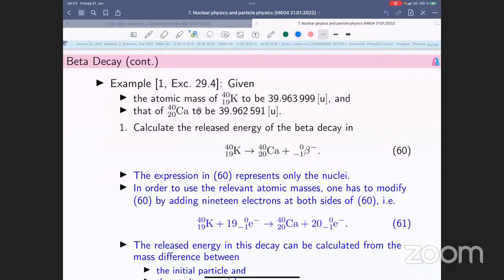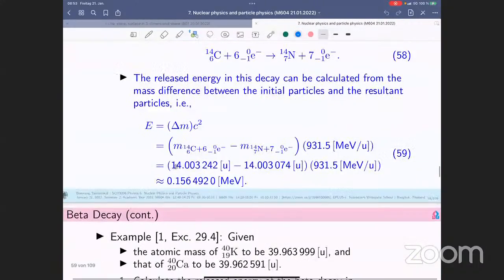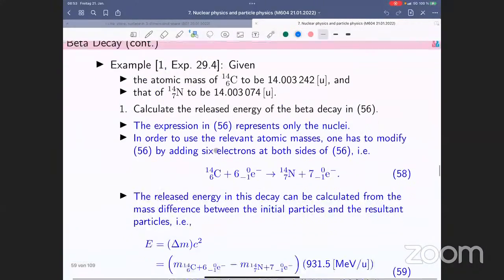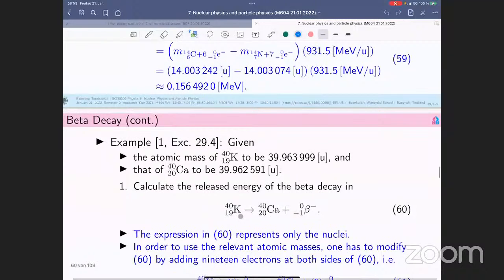It's taken from book number 1. This one is also taken from book number 1, example 29.4. We consider potassium 40. Potassium 40 is an isotope of potassium, and the mass is not exactly 40.